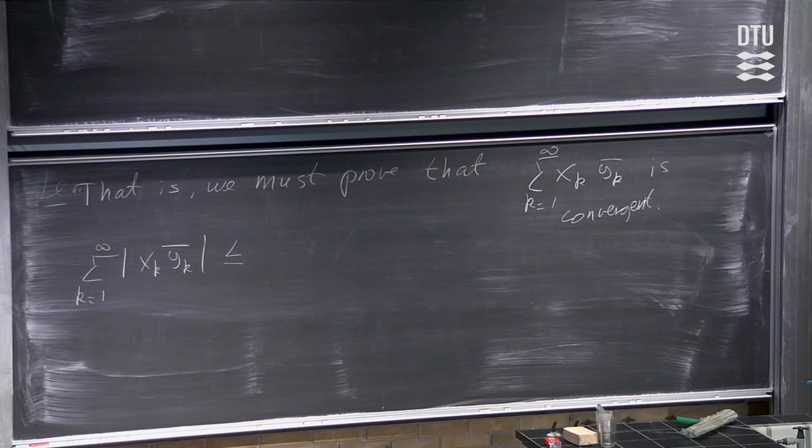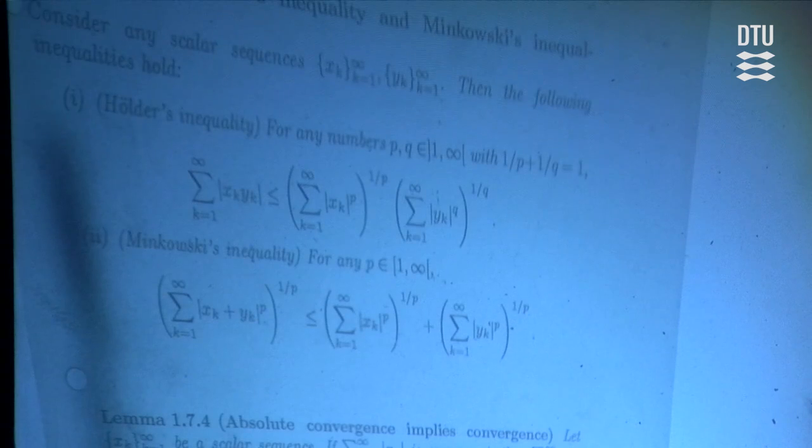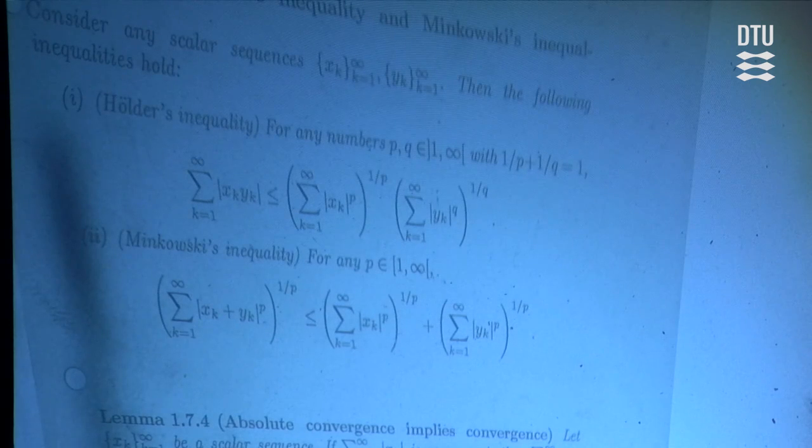So I give you a lot of warnings of what you have to do in the problem sessions. If you look at this statement, this is something I showed you already last week, but we only need one part of the theorem last week. So last week we used what we called Minkowski's inequality. This turned out to be the triangle inequality for exactly the space L^p. So we used that already.